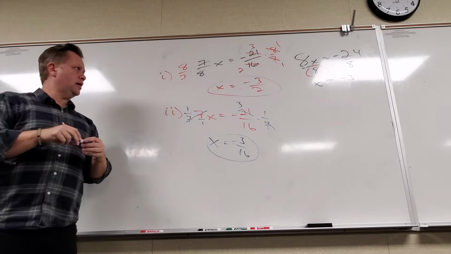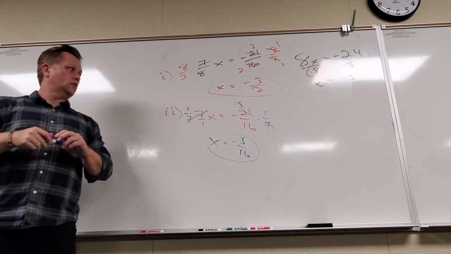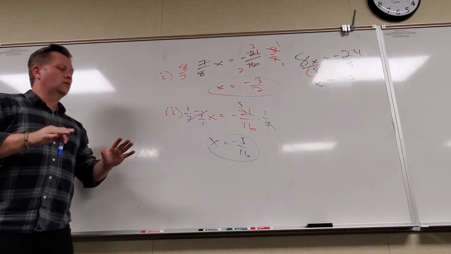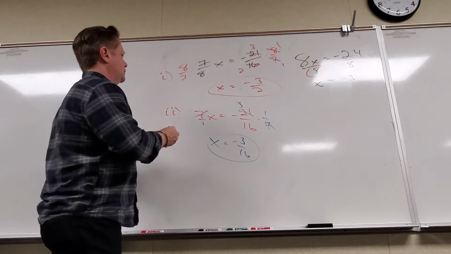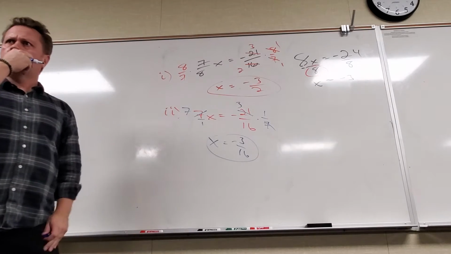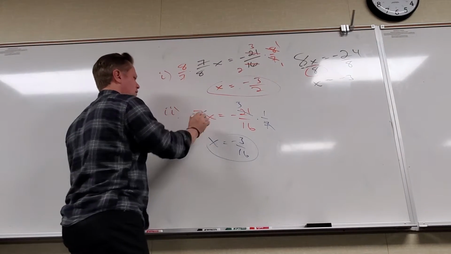Why did you put 1? Why don't you just put 7 and cancel it? Why did I put this? Yeah, 1. Okay, if you just put 7, what is 7 times 7? Oh, so you mean this, right?